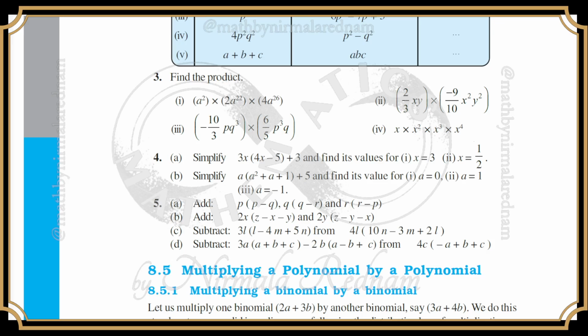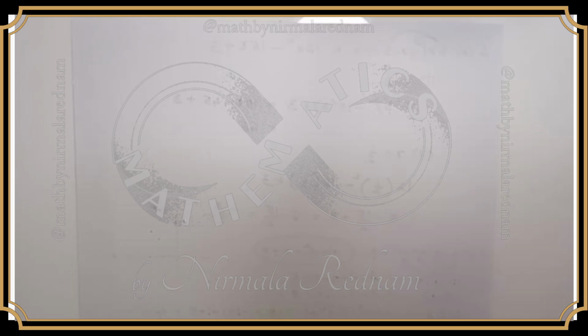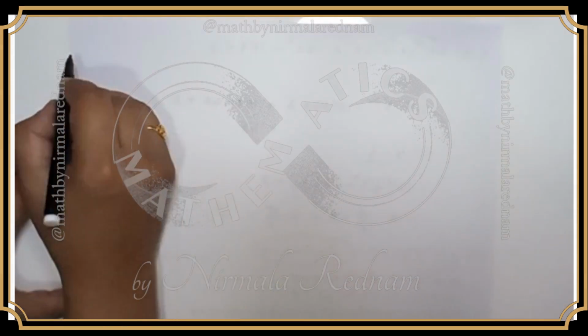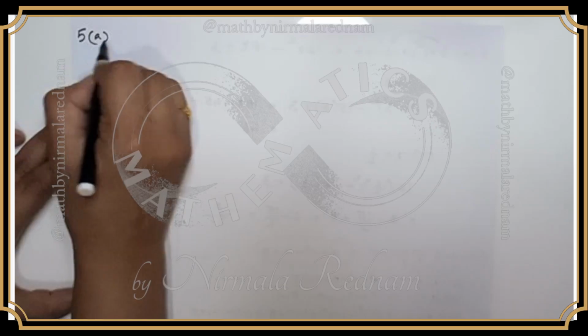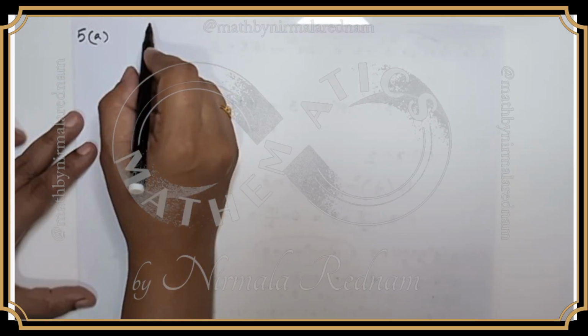Next, I have addition and subtraction, but as you can see, first I need to simplify it, that is find the product, and then you will do the addition or subtraction, whatever they're asking us. So here I have the fifth question. Three expressions are given to us.